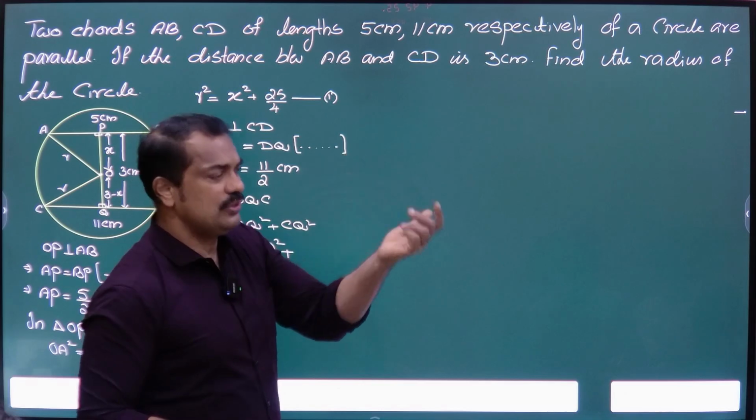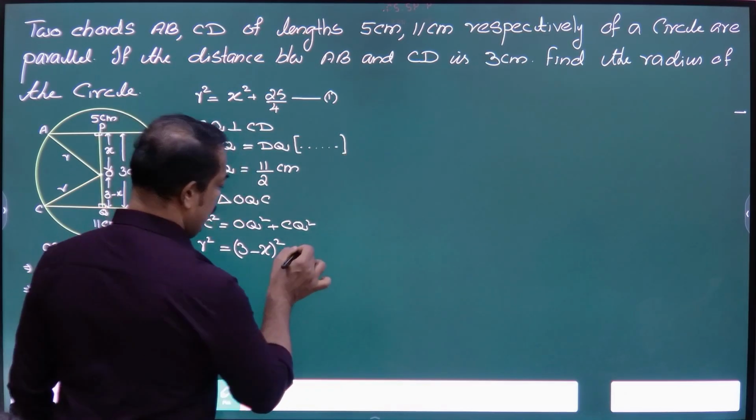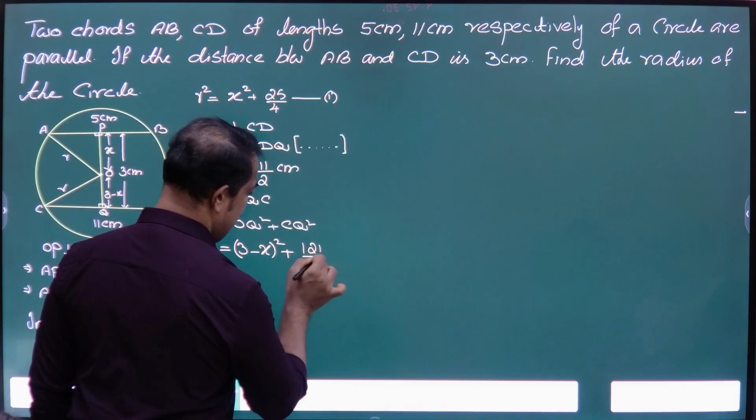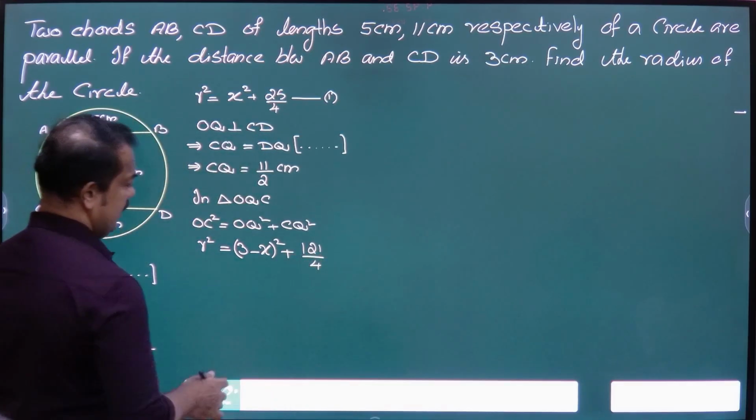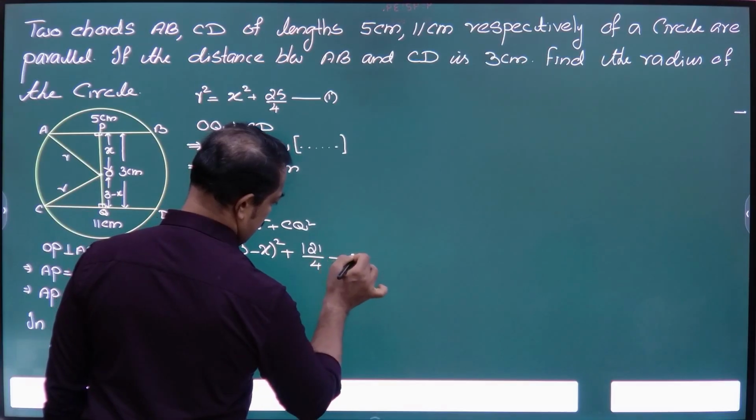What is the square of 11 by 2? 121 divided by 4. Equation 2.